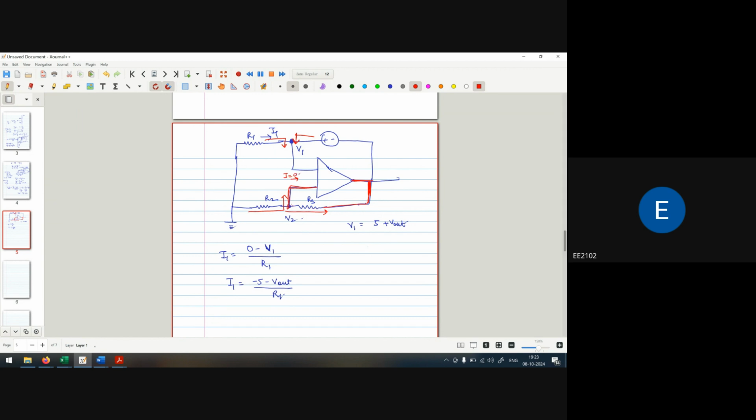I becomes 0. So in the scenario when I becomes 0, if R2 and R3 are equal and this is the V out, so V2 is equal to V out by 2.